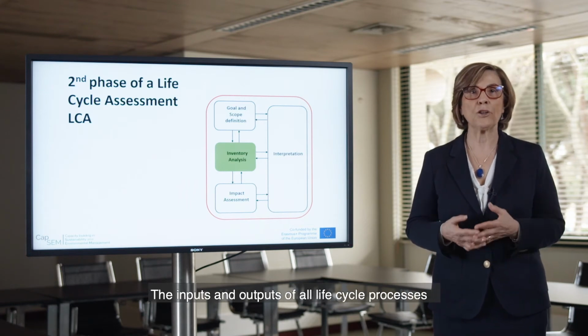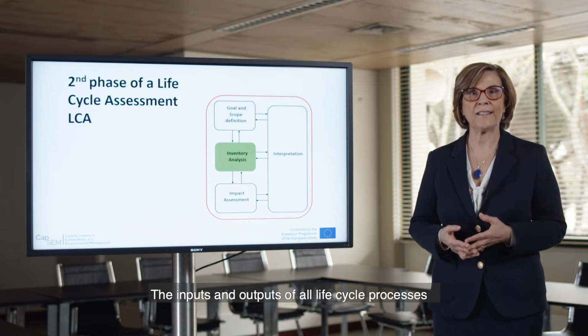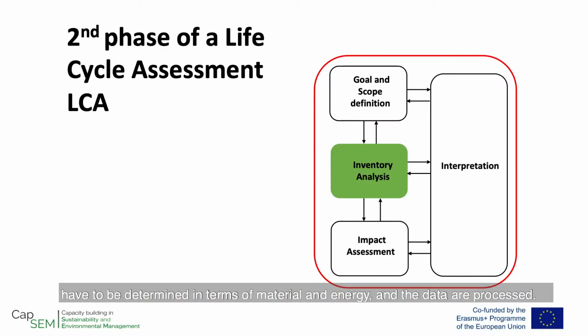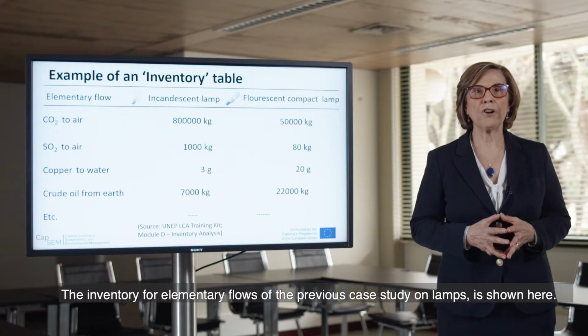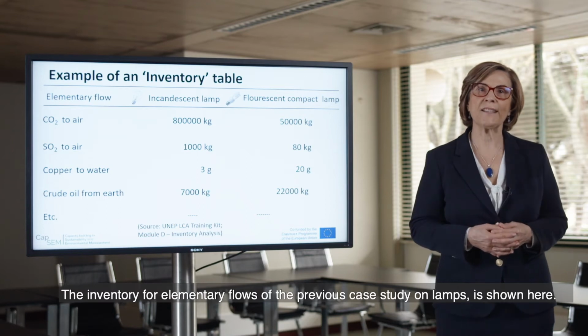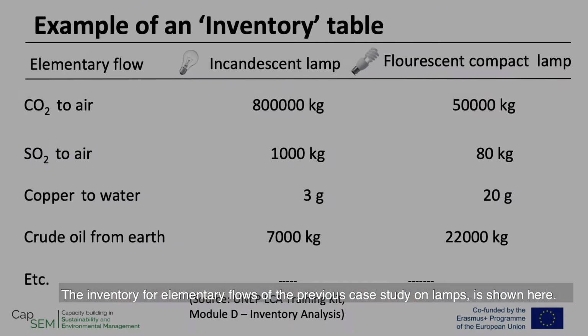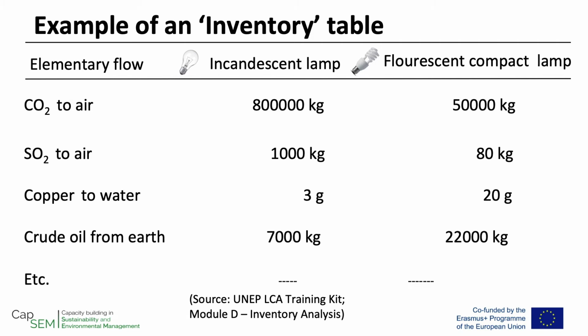The inputs and outputs of all life cycle processes have to be determined in terms of material and energy, and the data are processed. The inventory for elementary flows of the previous case study of lamps is shown here.